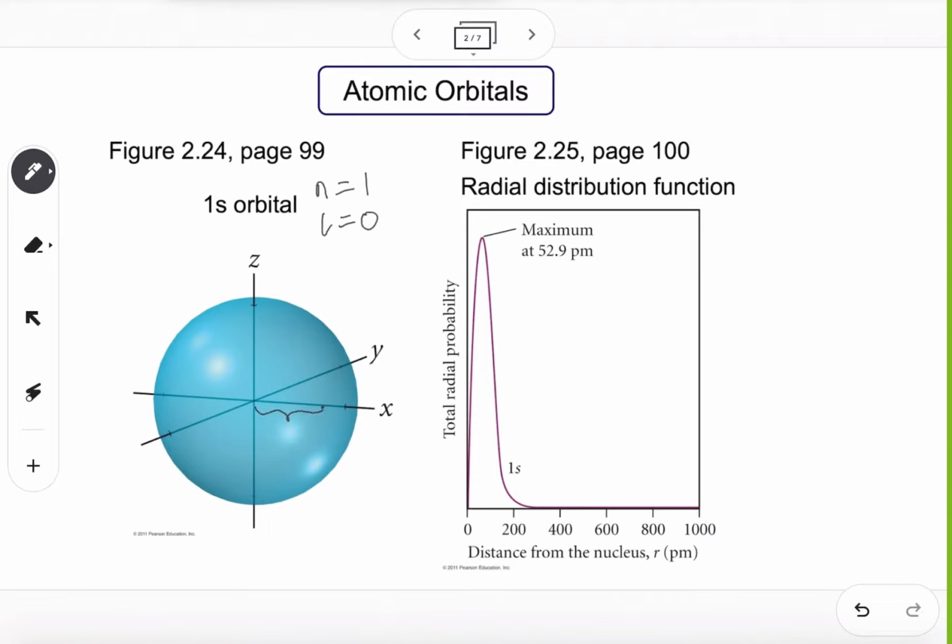The y-axis on this picture is the total radial probability. It means the chance for you to see an electron or electrons when you move around on this atomic orbital.